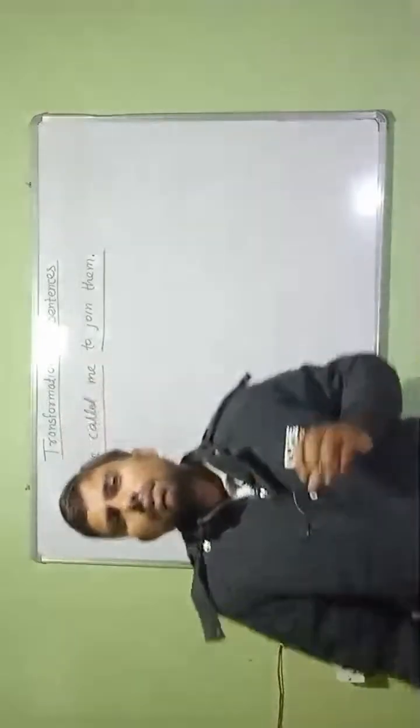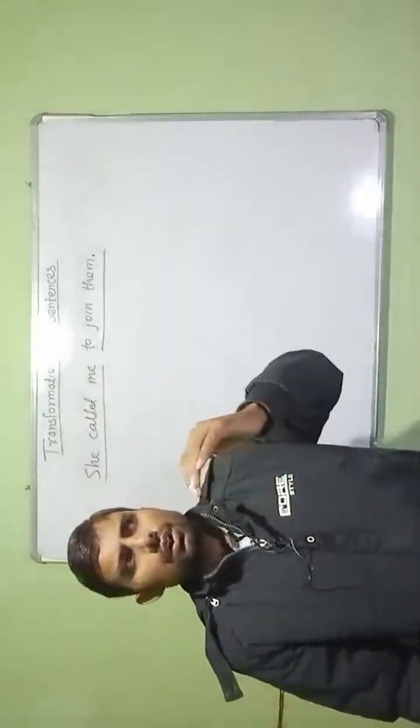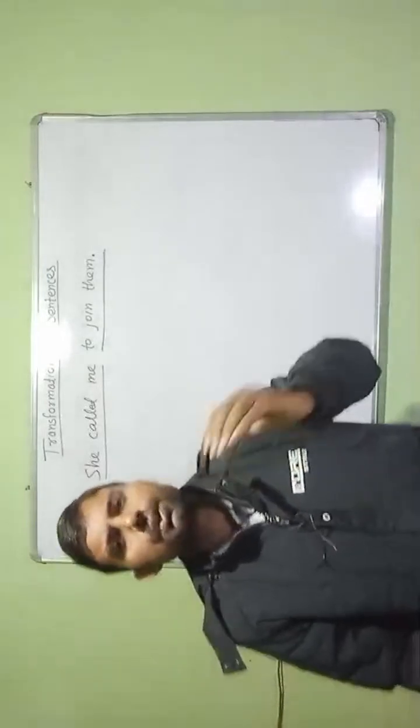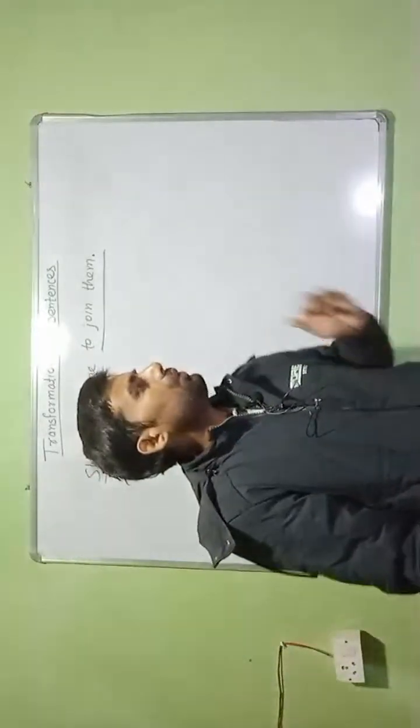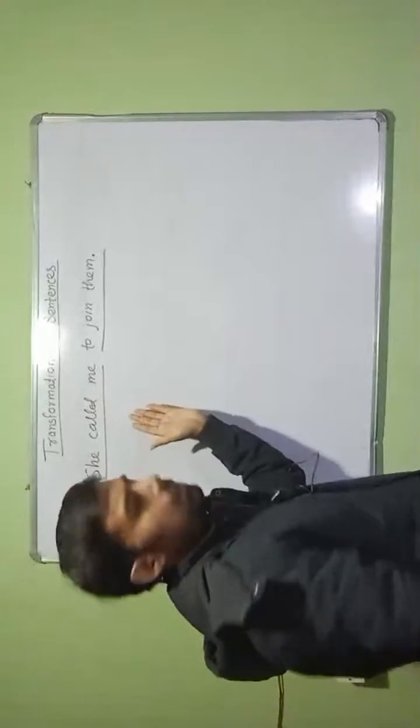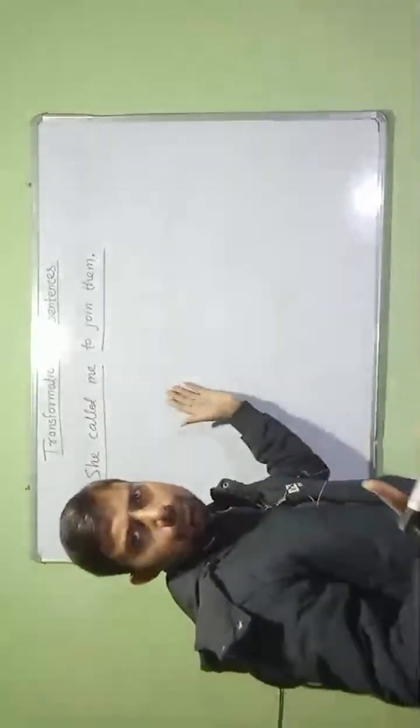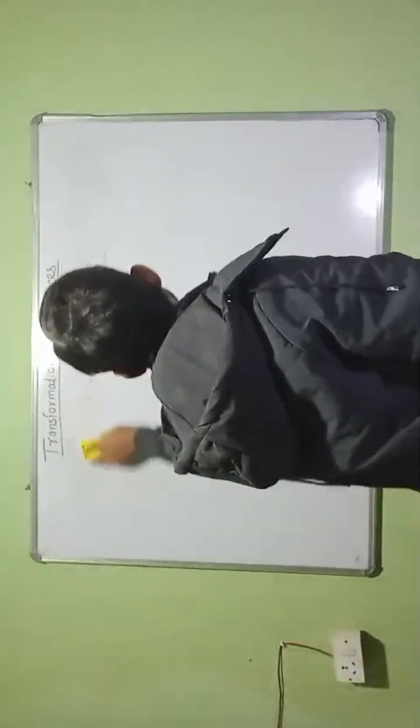So basically, when you change a sentence from simple to complex or simple to compound, you need to understand the basic difference between these two types of sentences. Let's see what that difference is. A simple sentence will have only one clause.